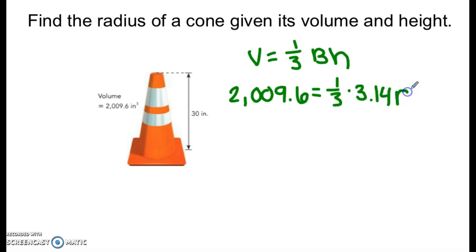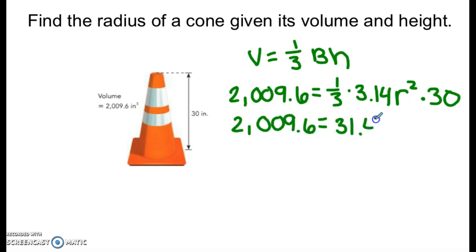We don't know what the radius is, so r squared times the height is 30. Okay? 1/3 times 3.14 times 30 equals 31.4.